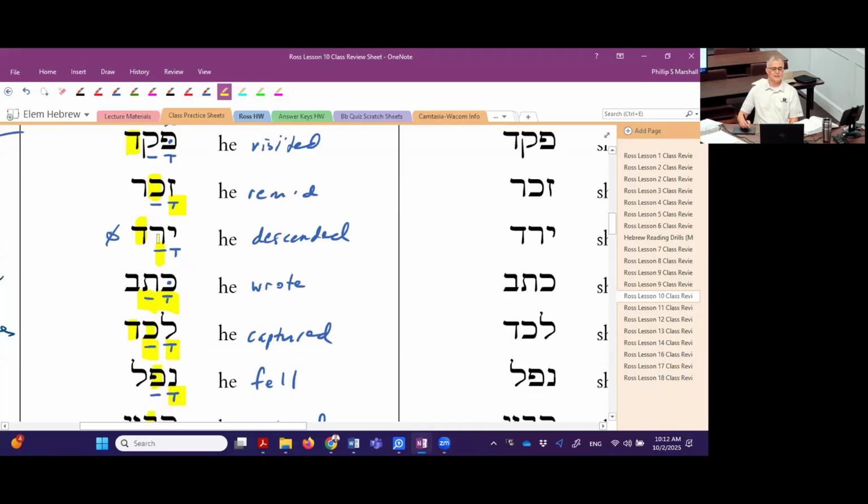And with Pakad, that should have a Dagesh Lene, but the vowel before it makes it go away. So, Dagesh Lene is weak, right? Weak. It cannot stay when a vowel or vocal shewa comes before.